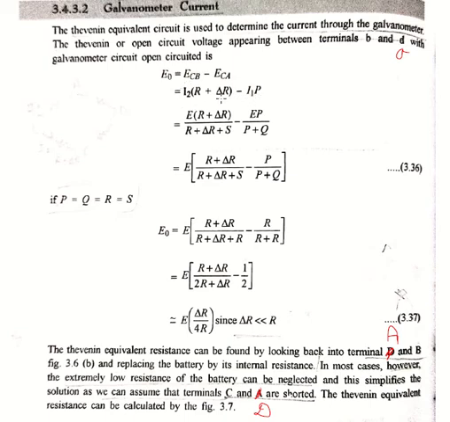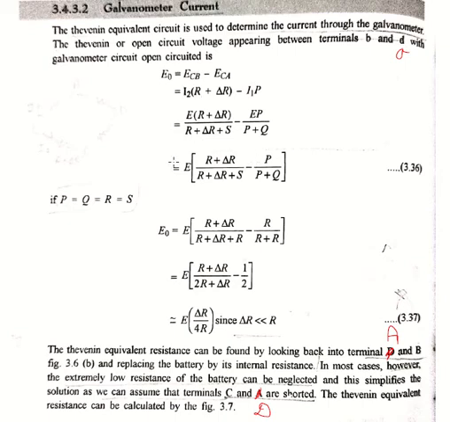By putting the values of I2 and I1, we have E(R plus delta R) divided by (R plus delta R plus S) minus EP divided by (P plus Q). By taking the E common, we have this equation.